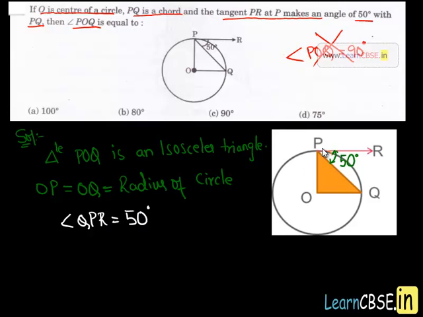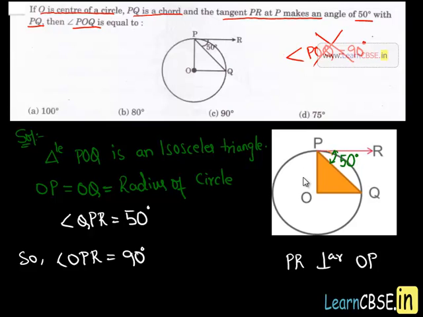We know that the tangent at P is perpendicular to the radius OP. That is, PR is perpendicular to radius OP. So the angle OPR is equal to 90 degrees.